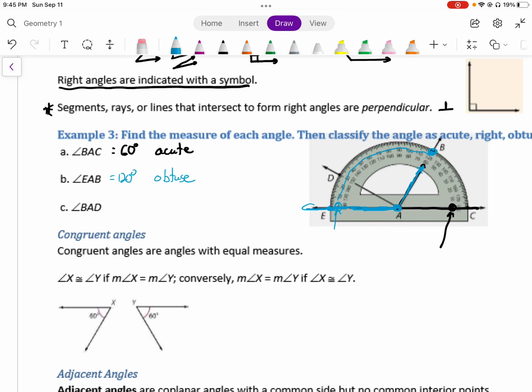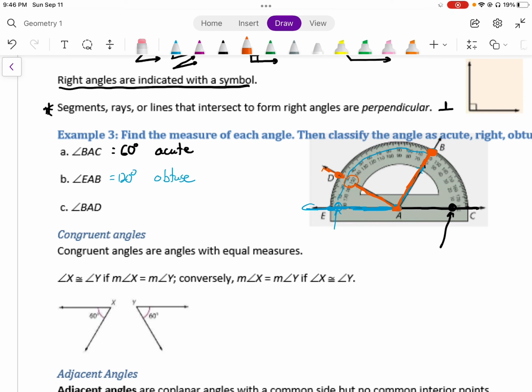And now lastly, we're going to go angle BAD. Well, it's interesting because neither of those start at 0. So what we're going to do is we're just going to subtract. We can pick either inner or outer, whichever.